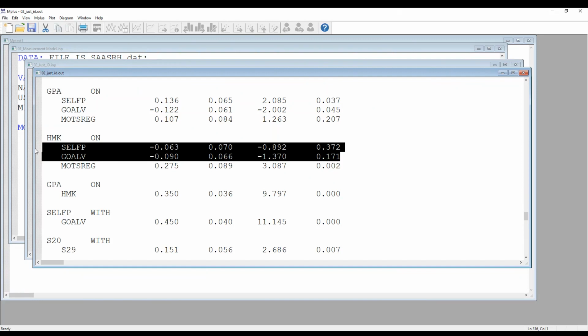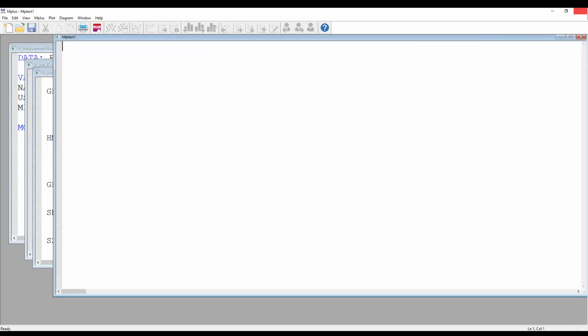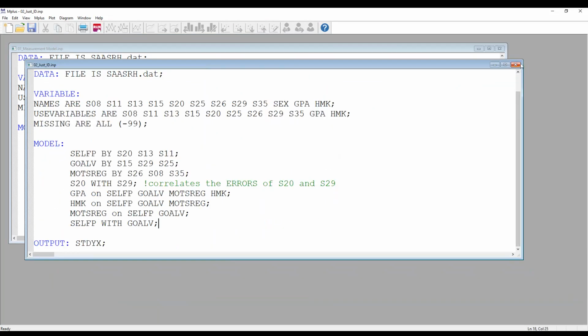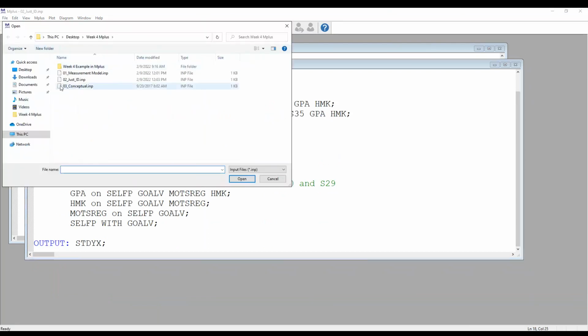So this was my just identified model. I delete the 3 paths that I don't think I need, right? And then I'm going to run my conceptual model. So to do that, I'll just open up the conceptual model.